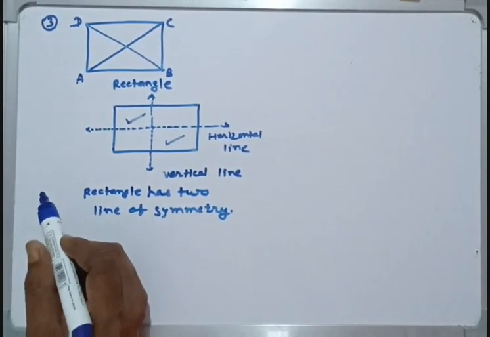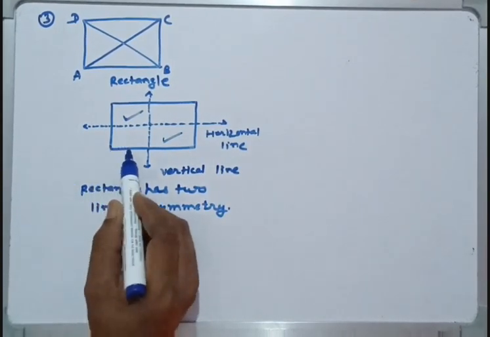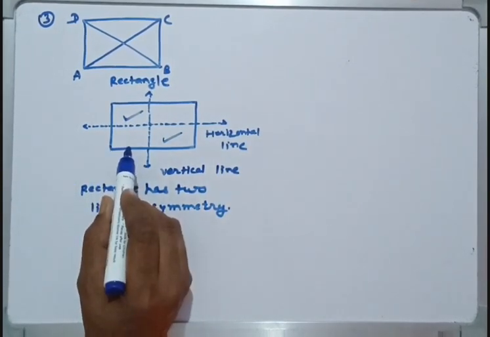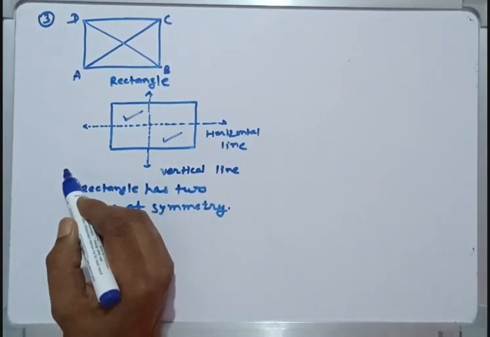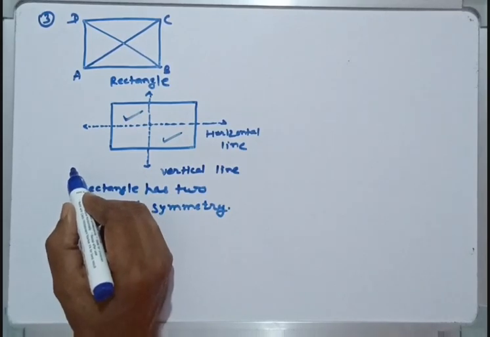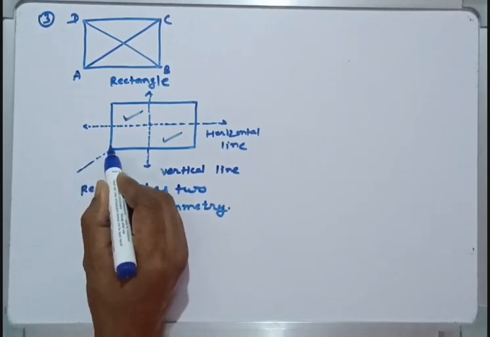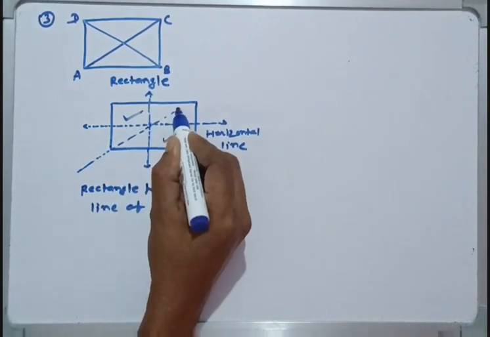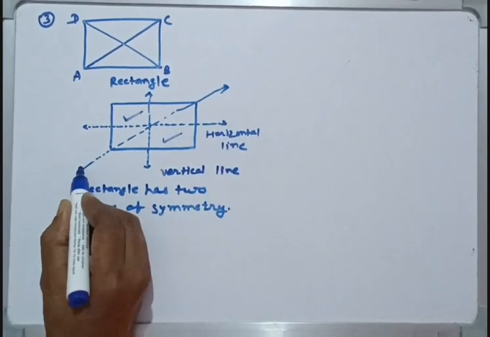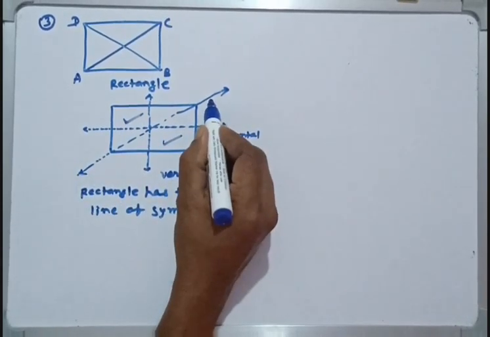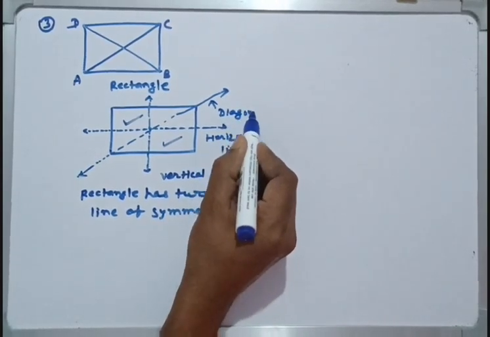Okay guys, now somebody may ask you, why is this rectangle not symmetrical along the diagonal? Okay, see, this one is a diagonal.